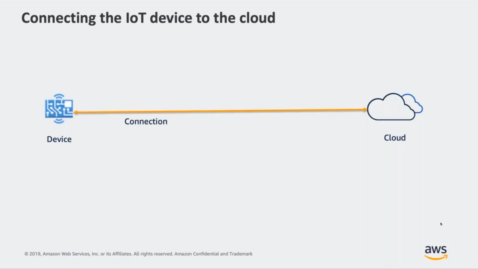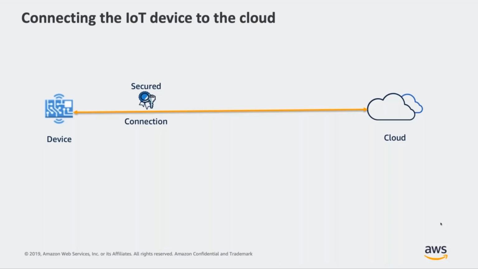The connection that we need to establish between device and cloud needs to be secured first. Then the devices that are sending data to the cloud are probably sending the data to some sort of a service.